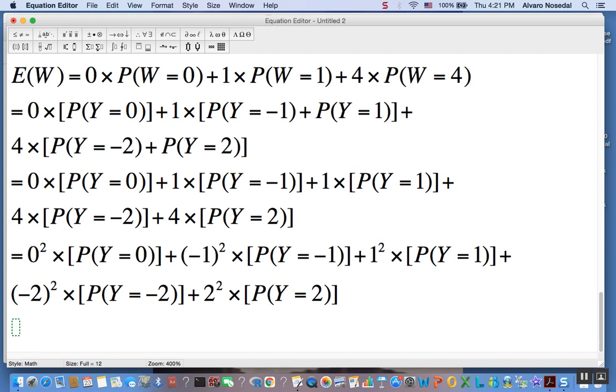So, if we were to use symbols to summarize what we have found, note that 0, -1, 1, -2, and 2 are the possible values for the random variable y. So let me use that fancy sigma notation like this.